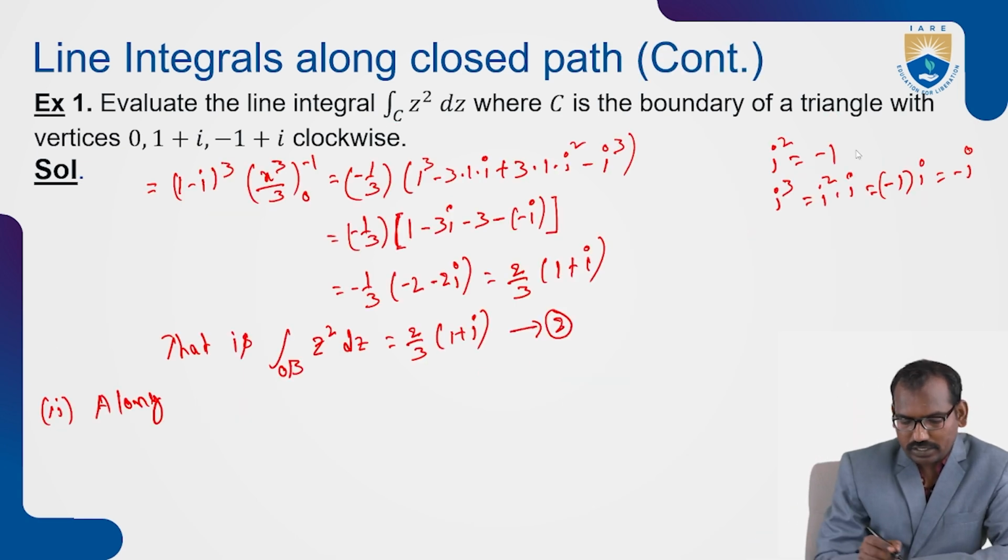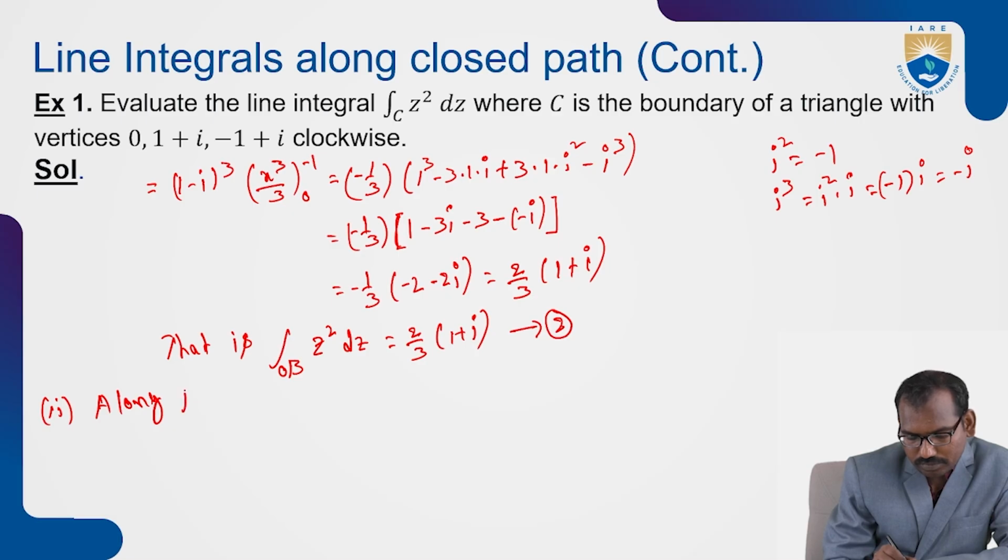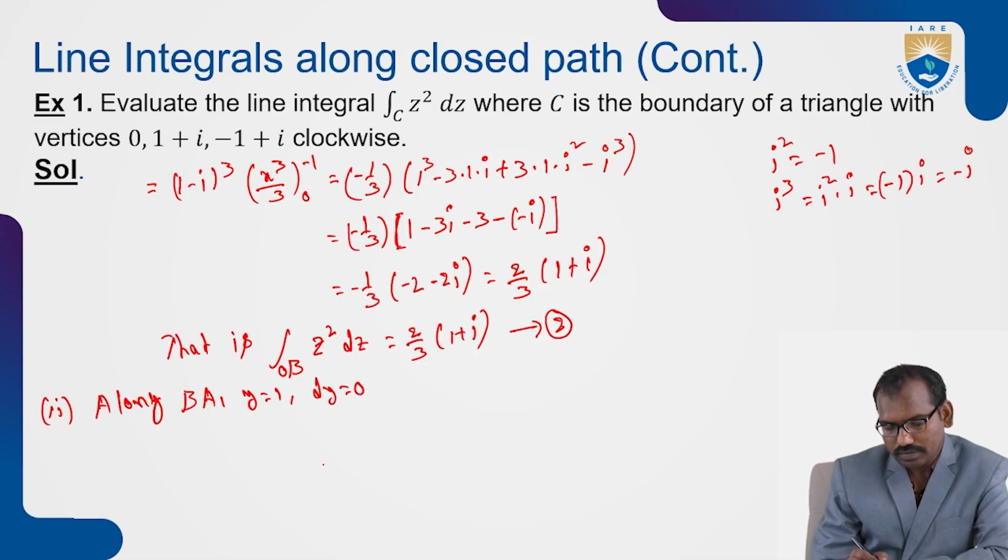So we will write here, along BA, y value is 1, so dy value becomes 0. Here you can observe that y will be constant, dy is 0. So in z square dz there will be no y. So only we will have x.